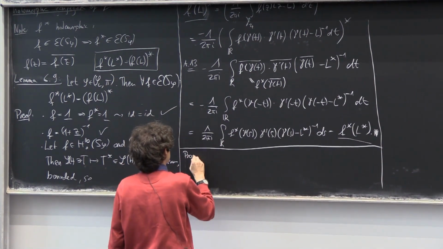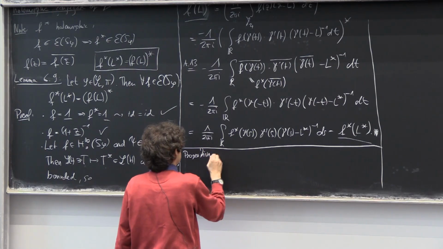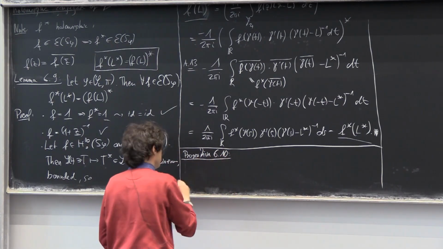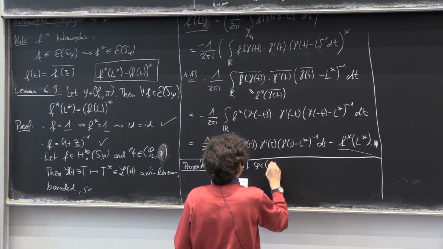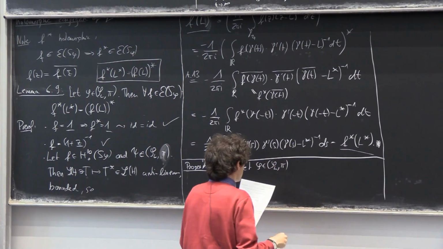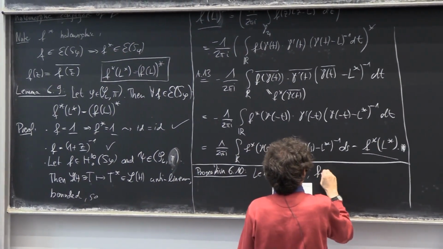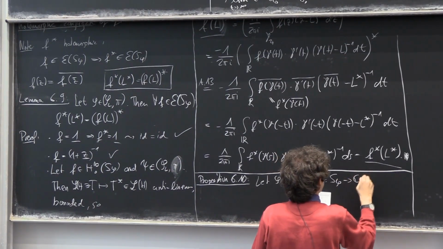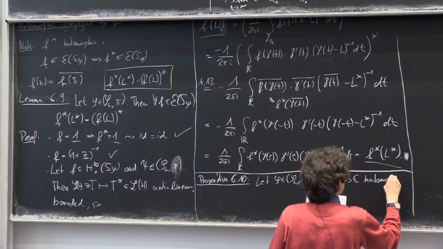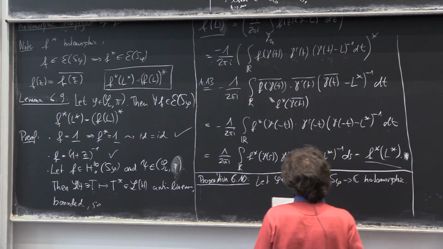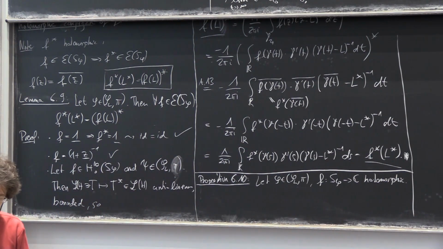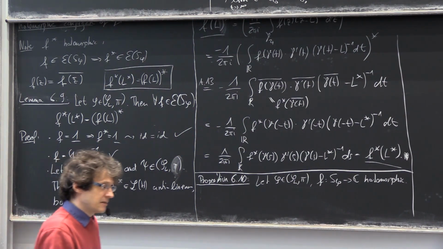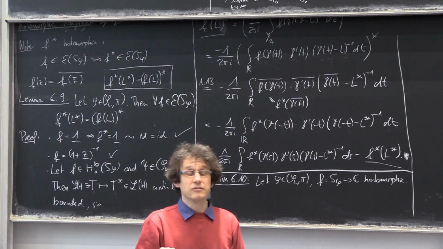So proposition 6.10. Again, we take some phi bigger than the sectoriality angle, and we take some holomorphic function on the sector. And now I will not give you a result for general regularizable functions, but for functions that can be regularized by our special regularizers.